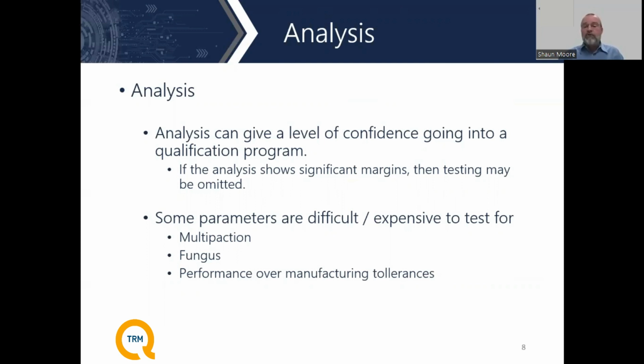The analysis to do those is fairly robust, and if we can show significant margin, many customers will forego those tests in an effort to be a little more efficient with their budgets. The other thing that is done with analysis is, for example, fungus growth. Those sorts of parameters are so well understood that if those materials are not in the part, it really makes no sense to run that test.